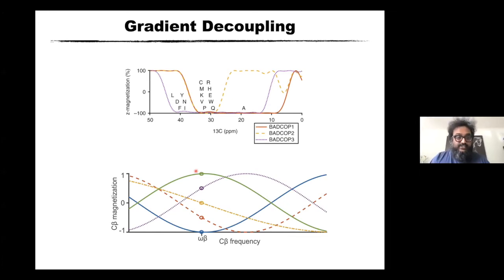So now we are switching to what we call a gradient decoupling method. Instead of having a yes-no decoupling, we are applying a pulse along the C beta frequency that has a profile like this. So for example, in the blue HNCA experiment, a C alpha whose C beta frequency is here will be perfectly decoupled, whereas for that same amino acid, in the green experiment, it will not be decoupled.